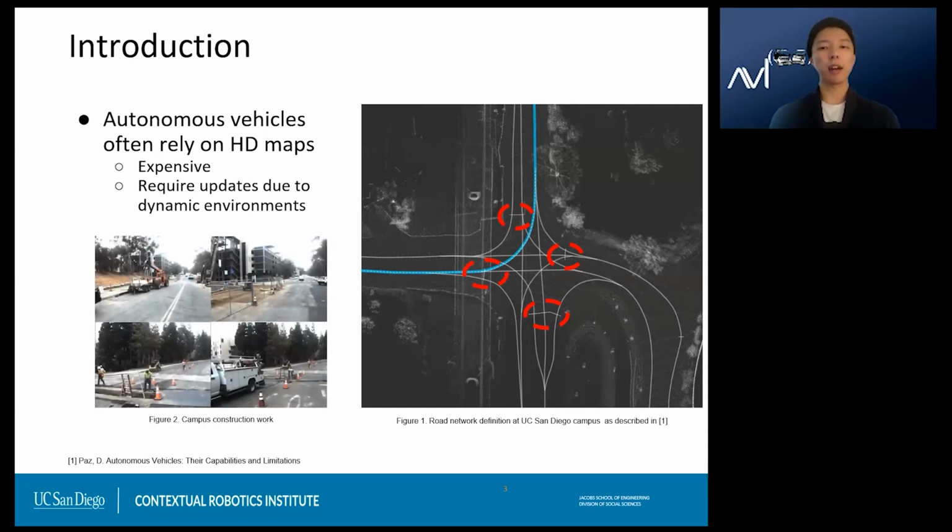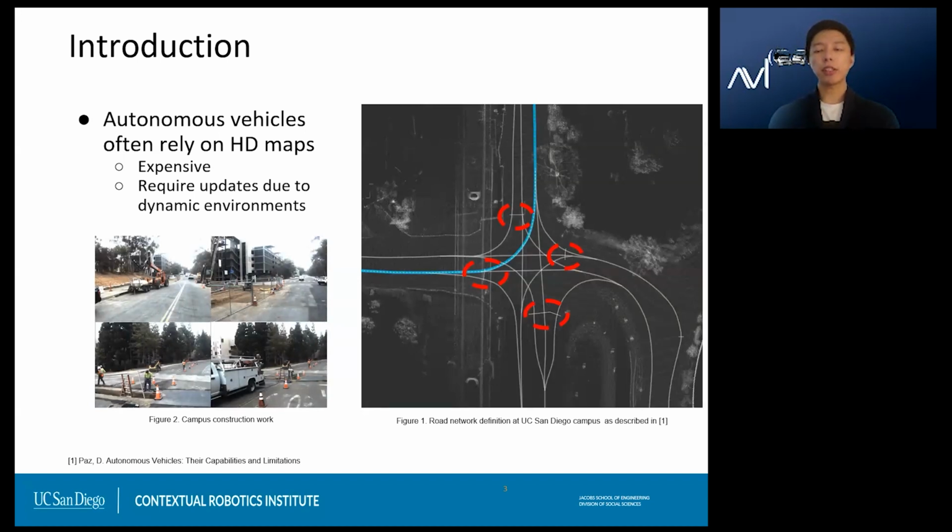The campus is now under construction. The entire road is blocked by traffic poles, workers, and construction vehicles. The map that you generated yesterday is now already outdated. It would be very painful to recollect the data again and do the labeling.